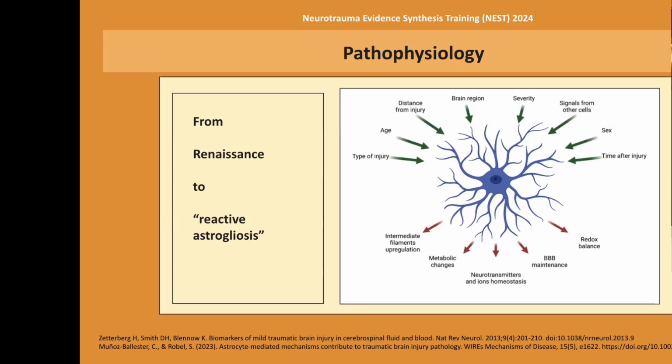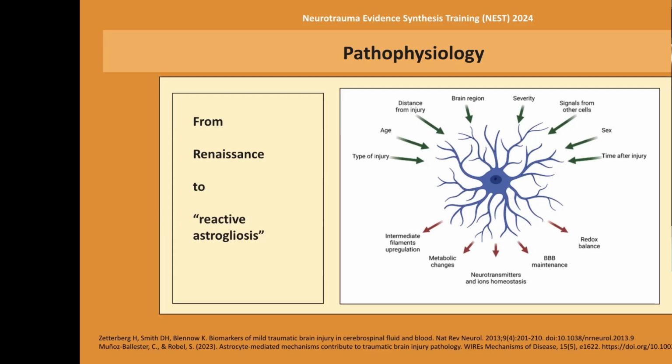The term reactive astrogliosis. But what I want to emphasize about the history is that the papers I was reading that came out in 2013 said, we think this is what's going on, and we want to explore this further, and we need better imaging in order to figure out what's going on.